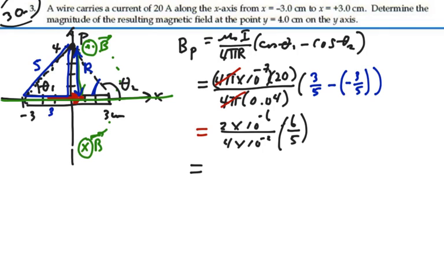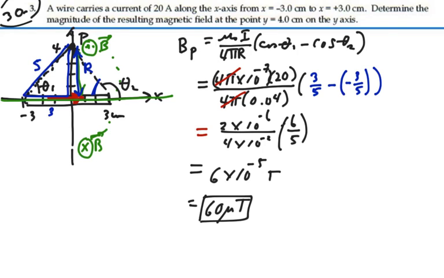And if we were to calculate this out, what do we get? I get 6 times 10 to the minus 5 Tesla. Or if we want to be cute about it, we could write this as 60 microtesla.